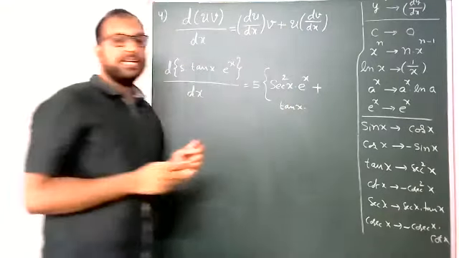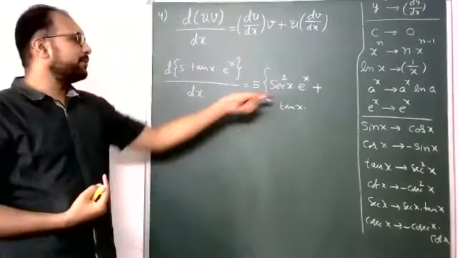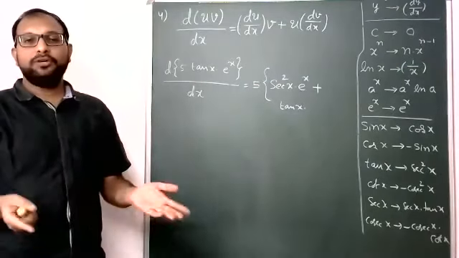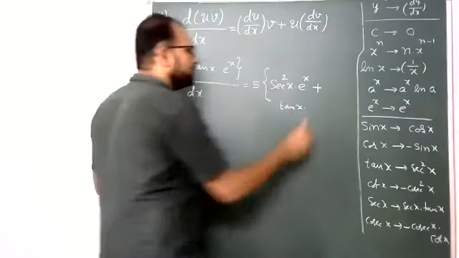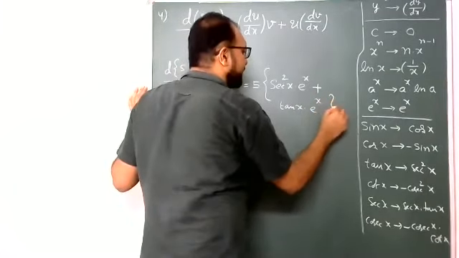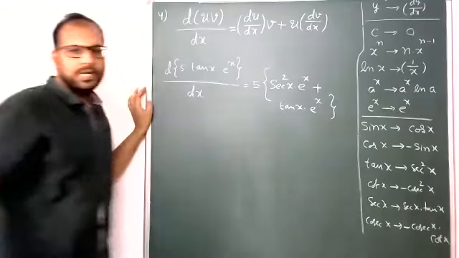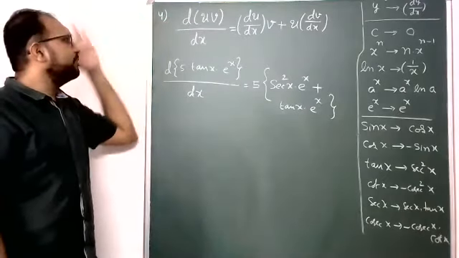But the second function's derivative you need to write. E to the power of x derivative is e to the power of x only, right? That's why e to the power of x. Now bracket close. So this is now rule number 4.